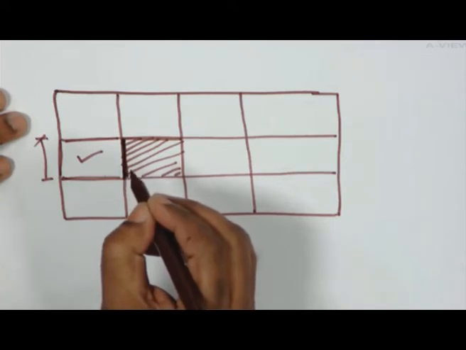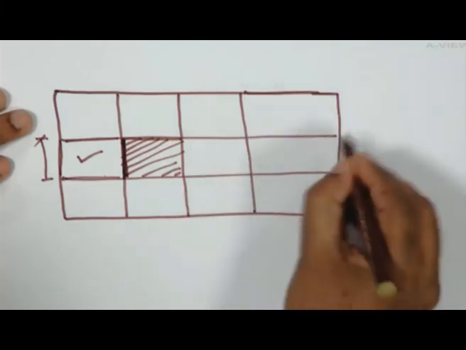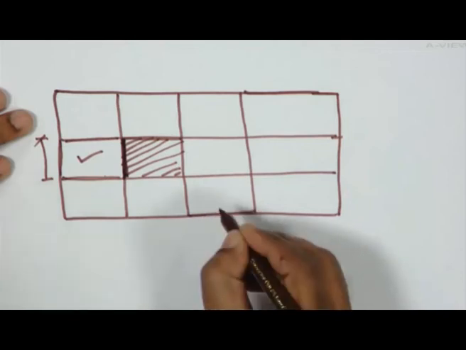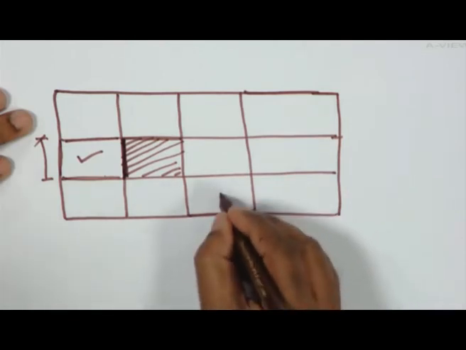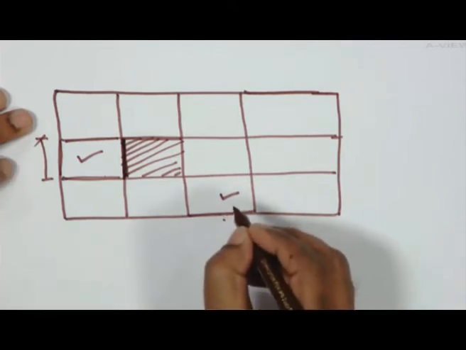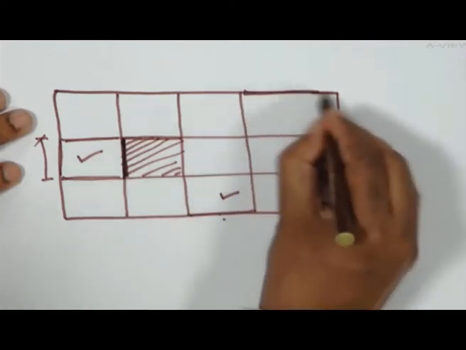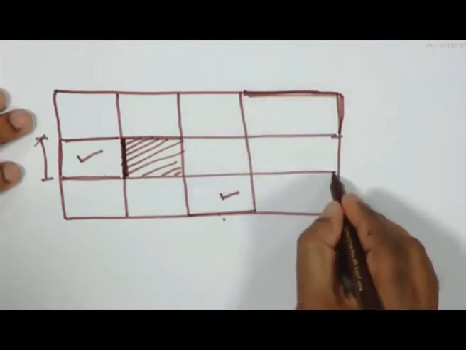Then one long edge, if we consider this one as a long edge, long edge discontinuous, this is another panel. For different cases, we shall get different values. Two adjacent edges discontinuous: these are called adjacent edges. This is an adjacent edge, and this is also an adjacent edge.